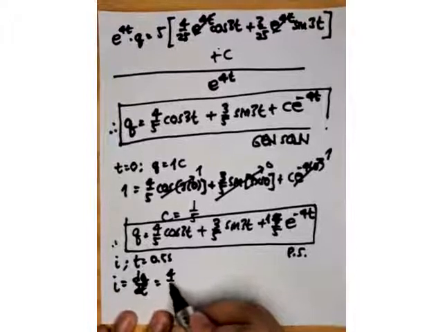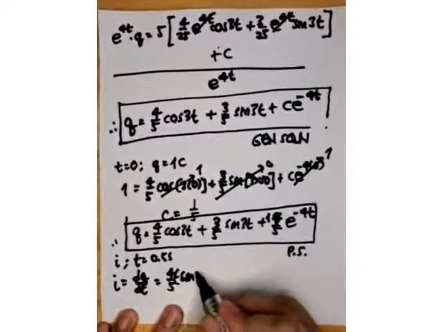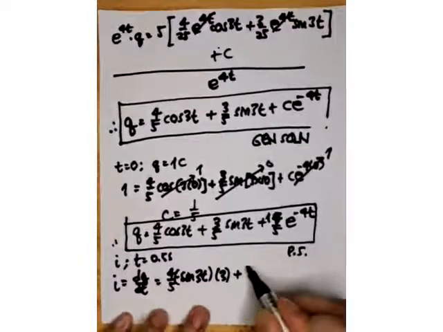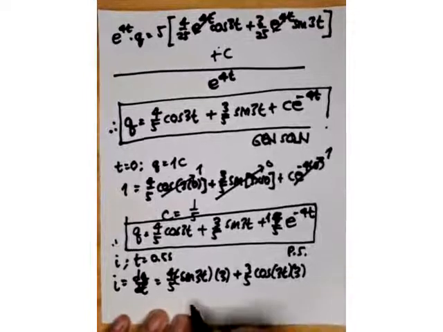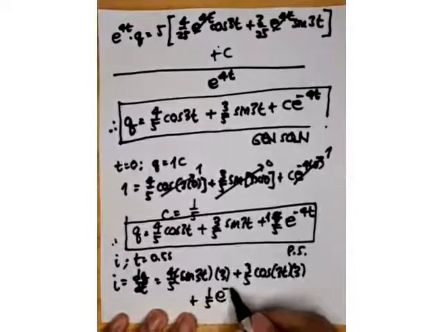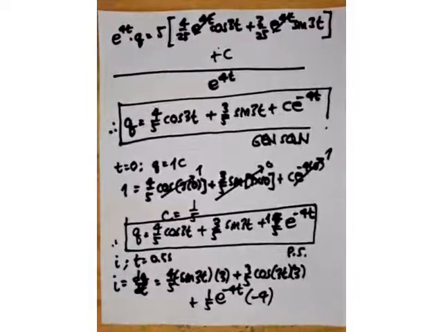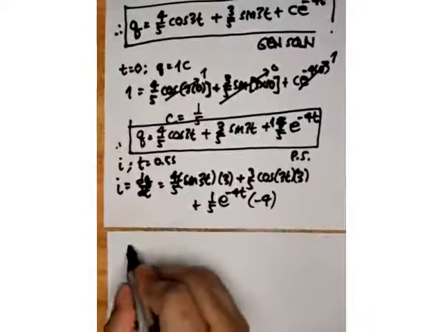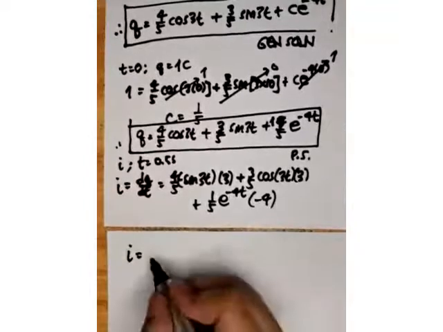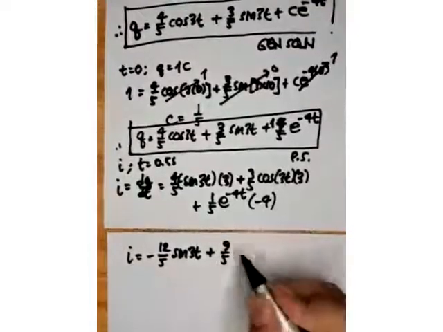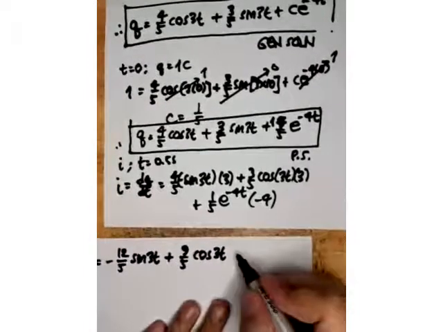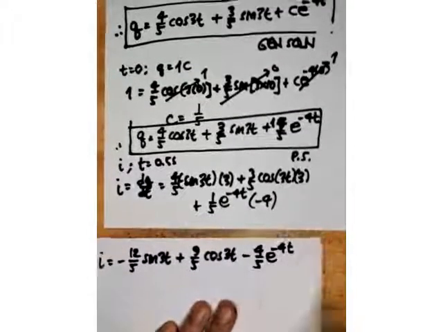So that's equal to, you derive, 4 over 5 negative sine 3t times 3 plus 3 over 5 cosine 3t times 3 plus 1/5 e raised to negative 4t times negative 4. So our equation for the current is I equal to negative 12 over 5 sine 3t plus 9 over 5 cosine 3t minus 4 over 5 e raised to negative 4t.